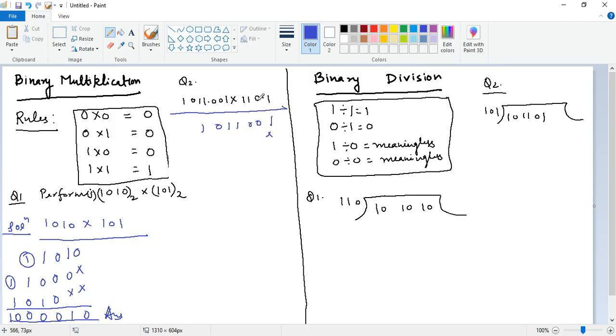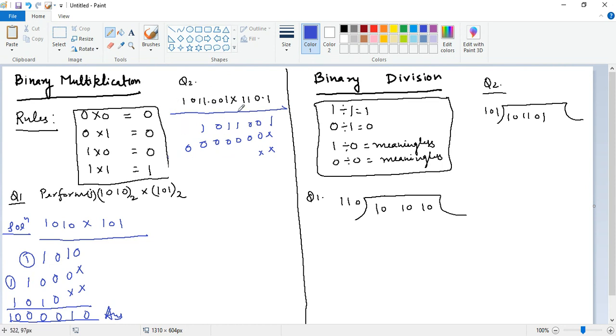Next multiplier digit is 0. So all digits, means these are 7 digits, so 7 zeros are there. And next bit is 1. So we get as a result the multiplicand.